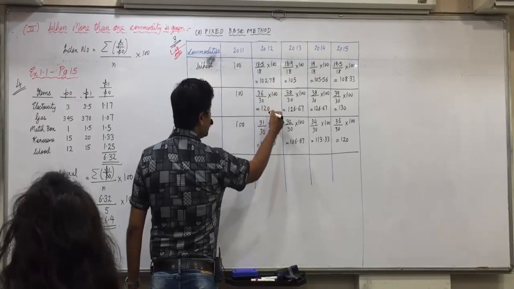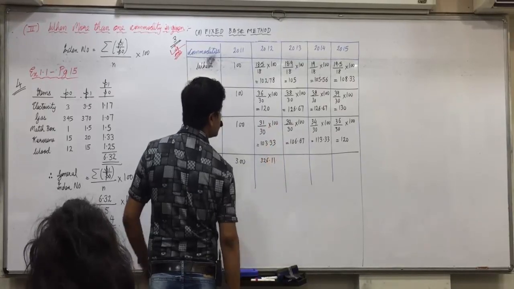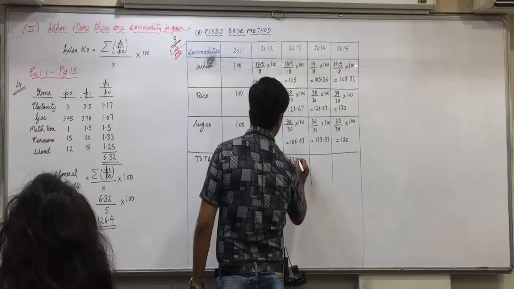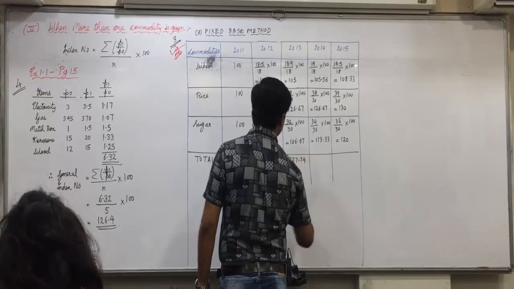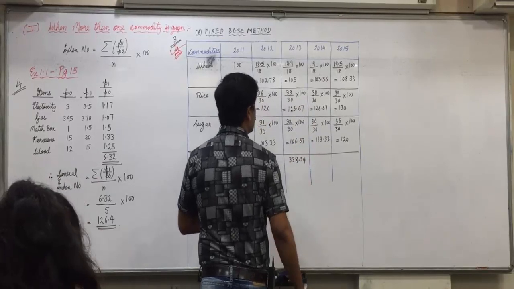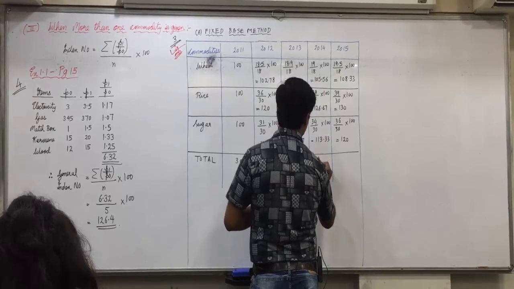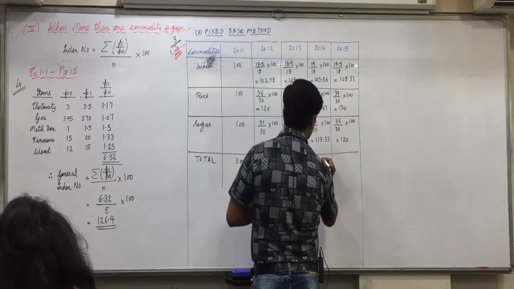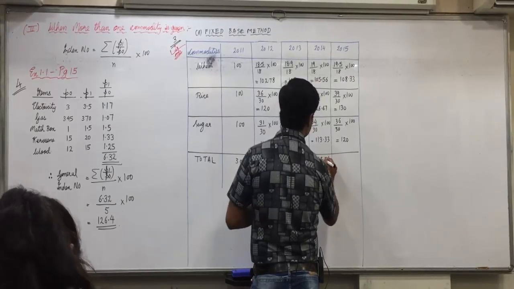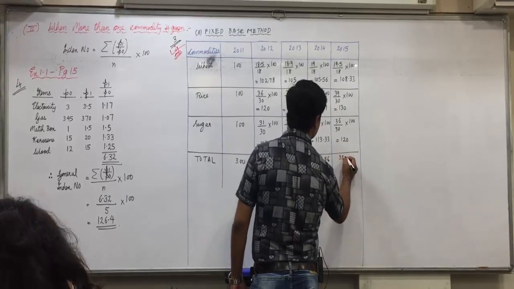The totals are 300, 326.11, 338.34, 345.56, 358.33.